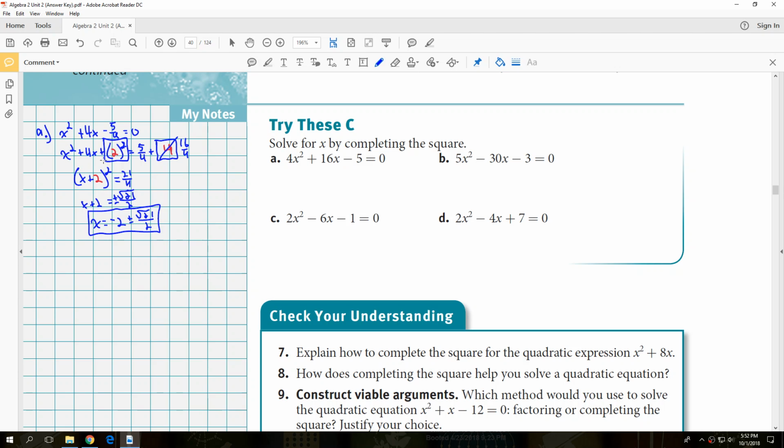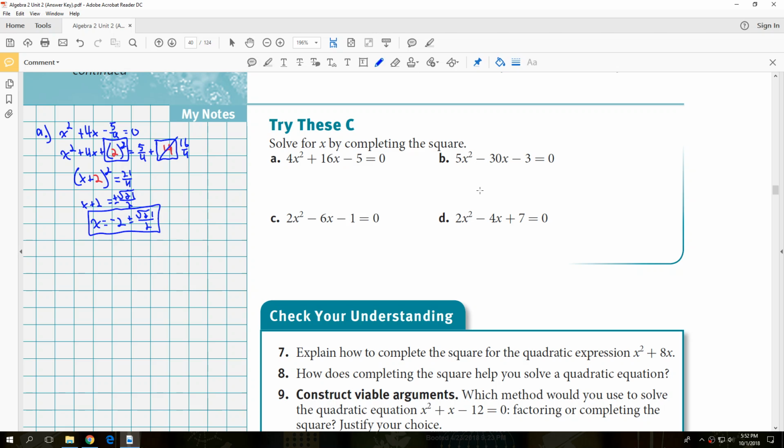All right, so next up, let's do B. Actually, you know what? I'm just going to write down the answer to B and C, and then we'll come back and do D, because that's the only one that's kind of different. And you'll see why. Basically, we're going to end up with imaginary answers there.